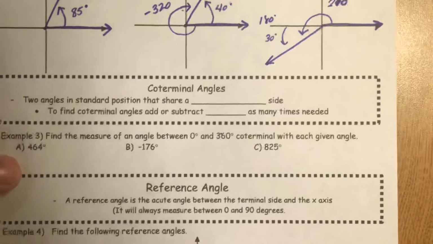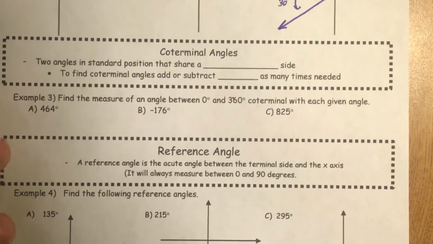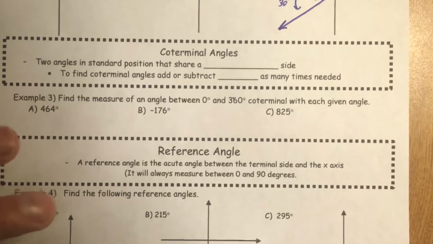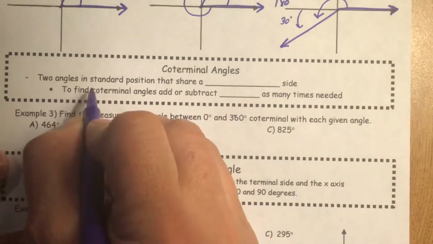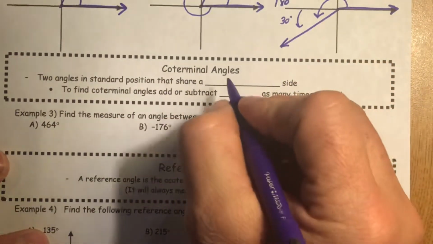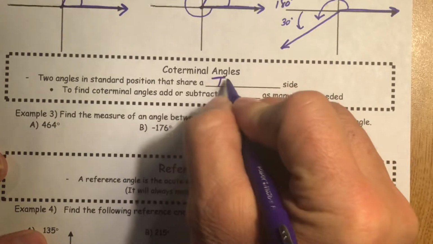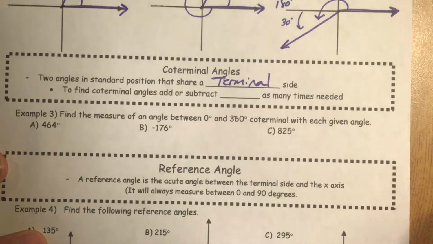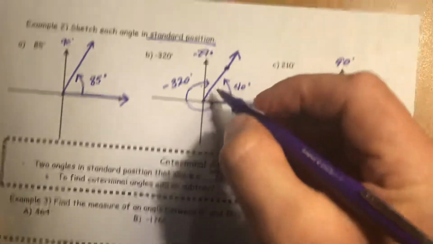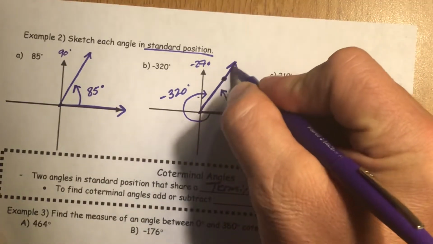All right, and I talked about this briefly in example A, or example B, sorry, about coterminal angles. Coterminal angles are two angles in standard position that share a terminal side. Okay, so that's this side right there.